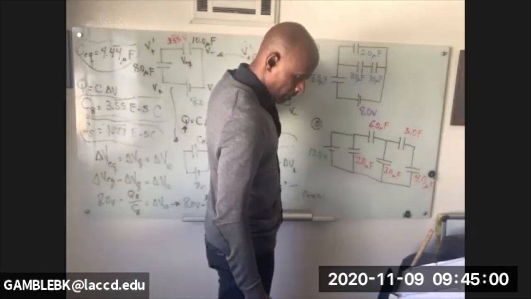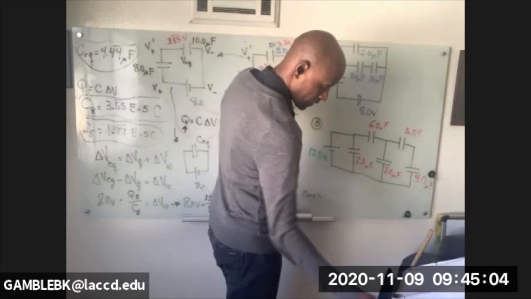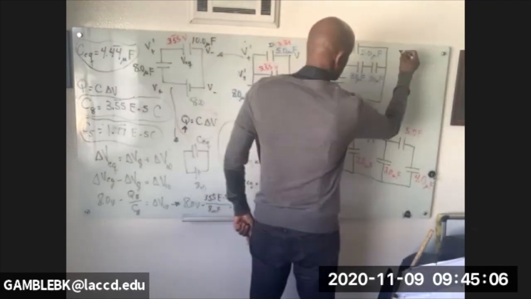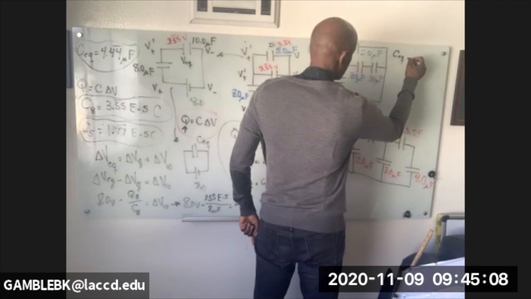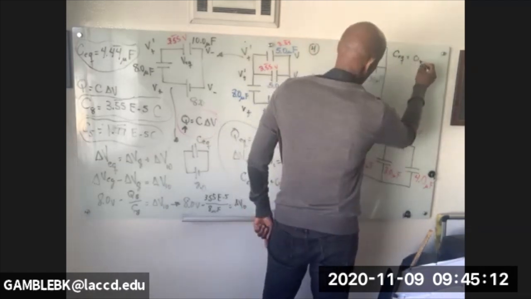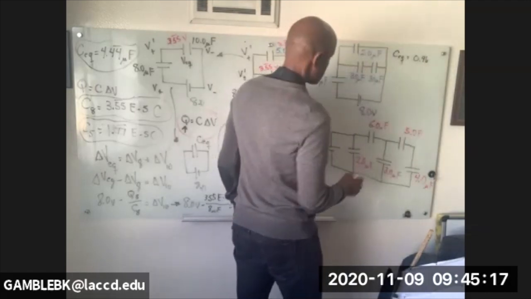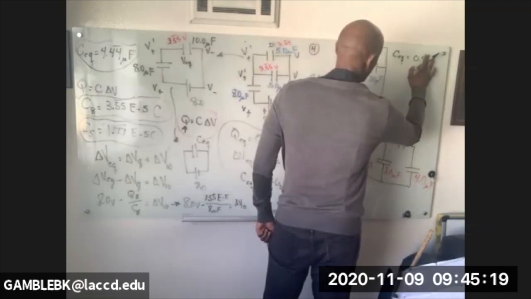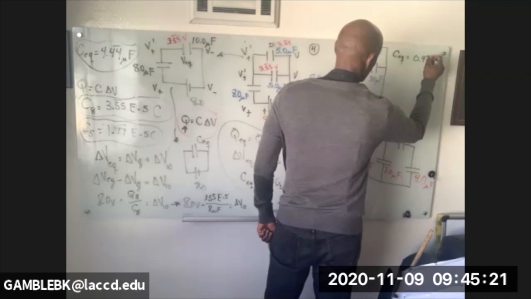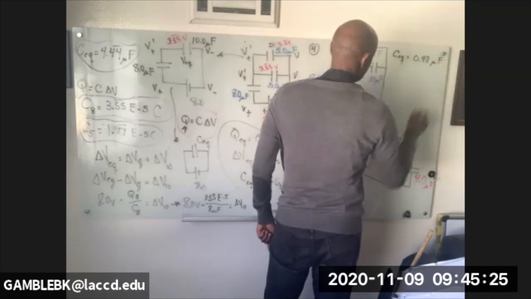So for this guy, we've got the equivalent capacitance. So CEQ is equal to 0.96. I guess it's 266, so it should be 0.97. I think it's 0.96 repeating, but whatever. Microfarads.